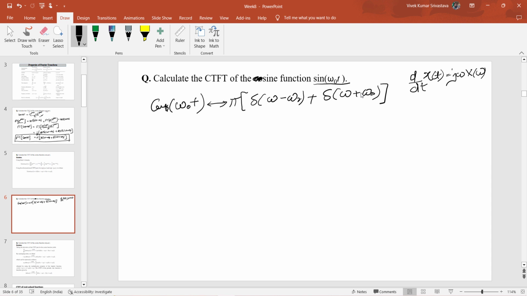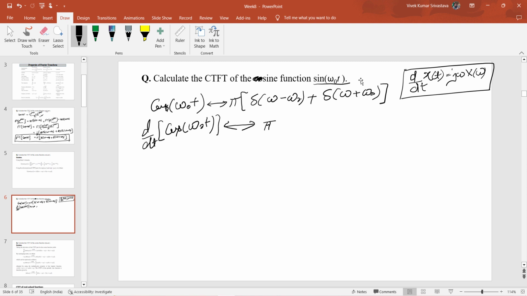We will use this property to evaluate the Fourier transform of this function. So here I will take d by dt of cos of omega naught t. This will be equal to, here this will be pi.